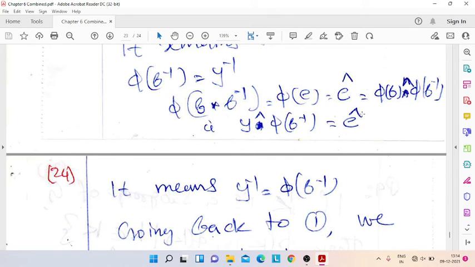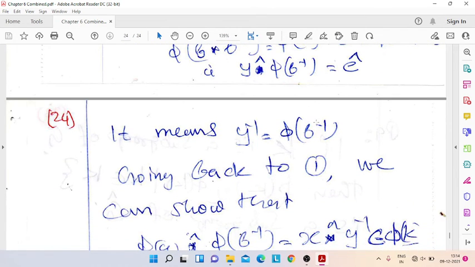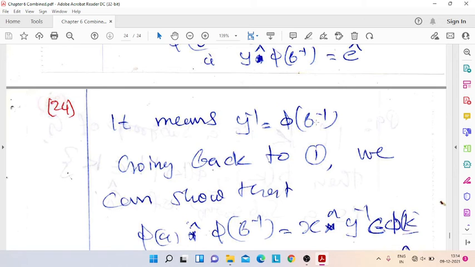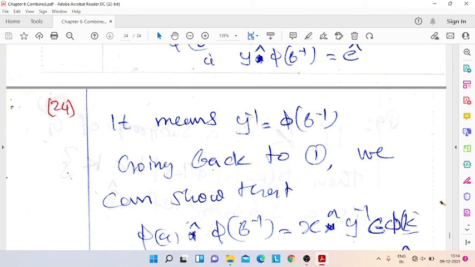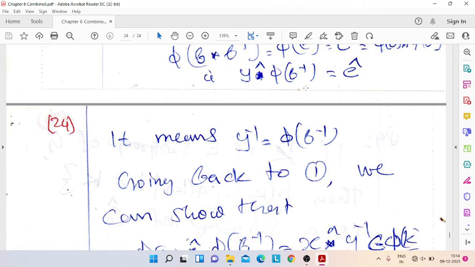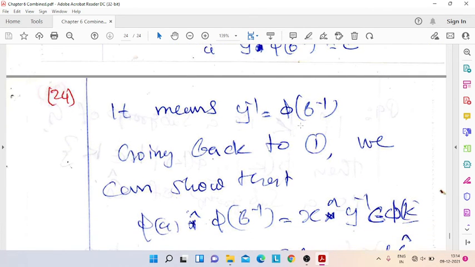it's equal to y star phi of b inverse, which equals e. What does it mean here? When we see this expression, we can say that y star phi b inverse is equal to e. That means the inverse of y is this element, the second element, so y inverse is equal to phi of b inverse.